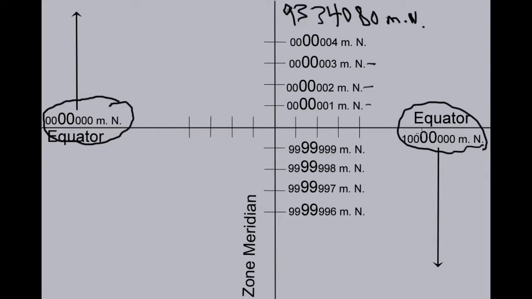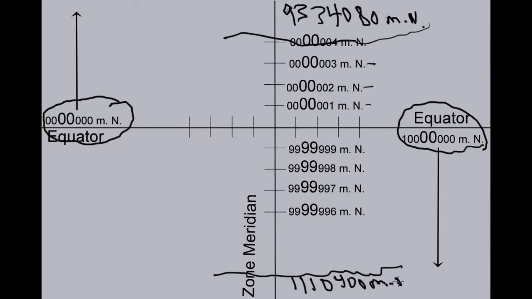Now, for purposes of working from the equator south in the southern hemisphere, the equator is assigned a value of 10 million meters north, and the northings decrease as you go south, all the way down to as far south as you can go. I'm just going to draw a little squiggly line here to show that this is not to scale, and I'll do the same up north here too. The northing value way down here is 1,110,400 meters north.